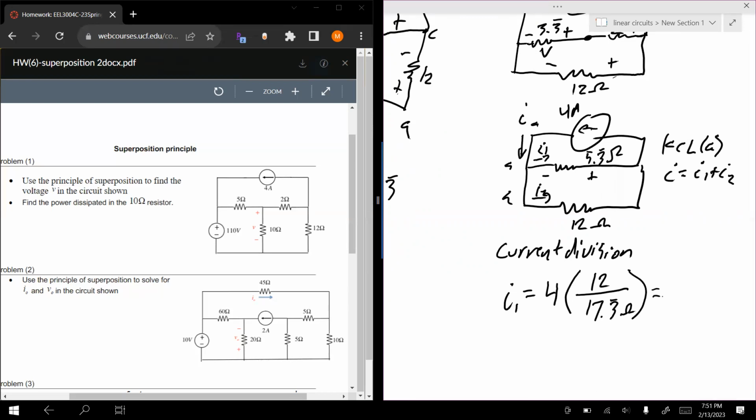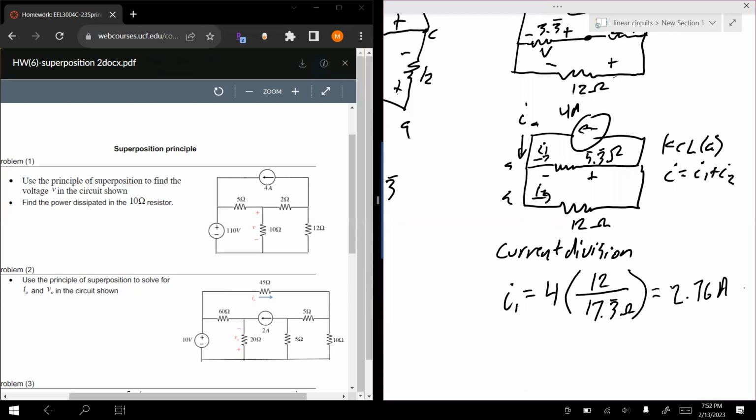Any questions while I type it in? Anyone? That's fair, no questions. Okay, so for the current, I'm getting 2.76 amps. And in a way, it makes sense.